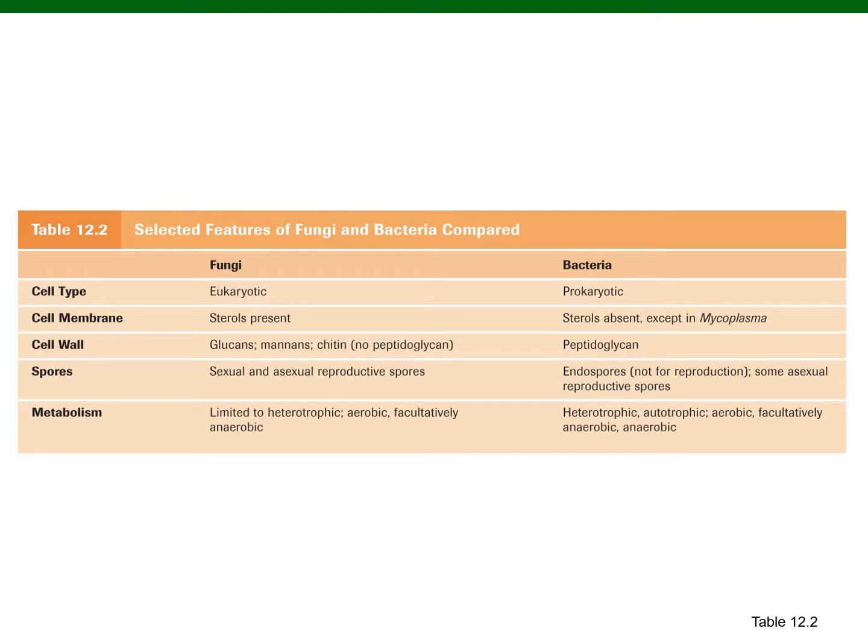Here's a table taken from our book that compares some of the major characteristics of fungi when compared to the bacteria that we've learned so much about. When comparing the fungi, we can look at the fact that fungi are much more like plants and animals, and that they're eukaryotic. They have nuclei. Whereas we know bacteria lack a nuclear membrane or nucleated cells.